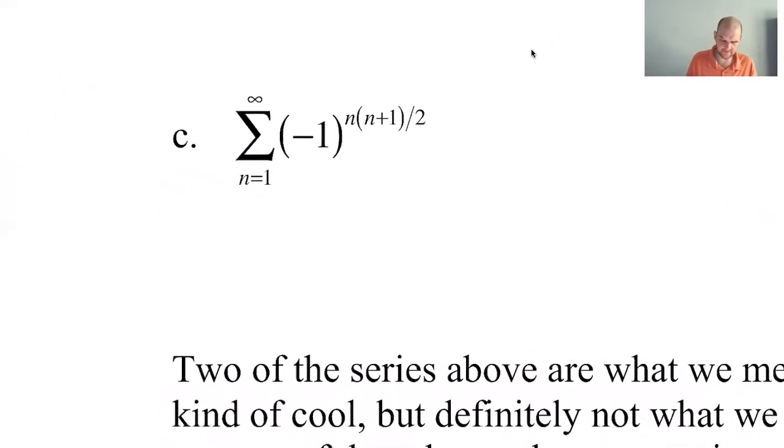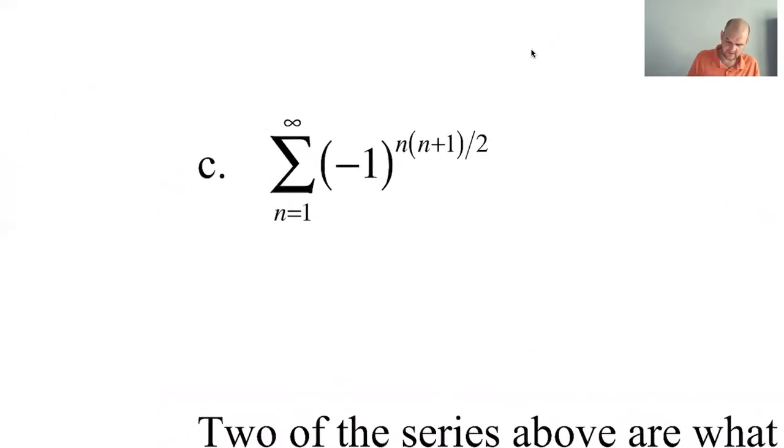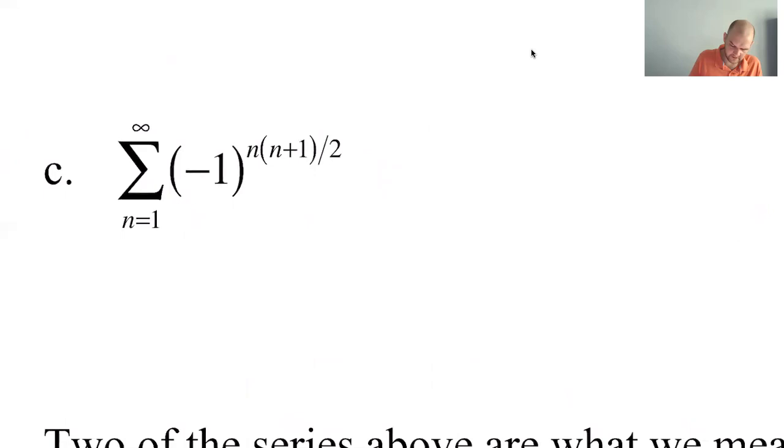All right, this one, I don't know. So if n is 1, we get 2 divided by 2, which is 1, so we get negative 1 to the first.